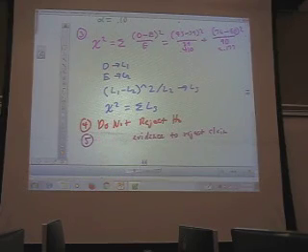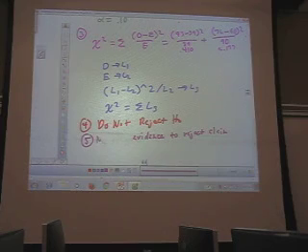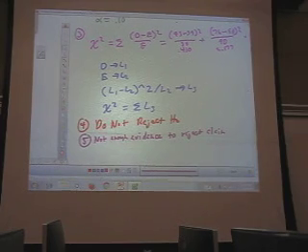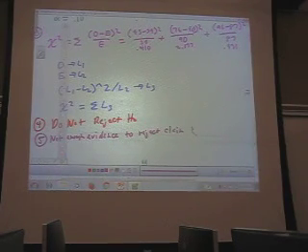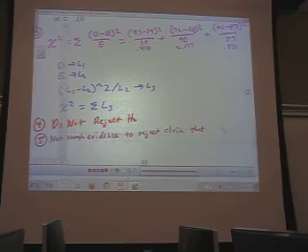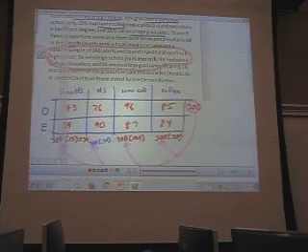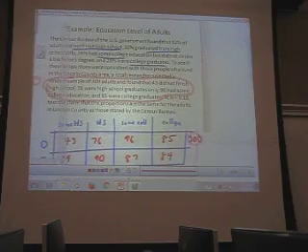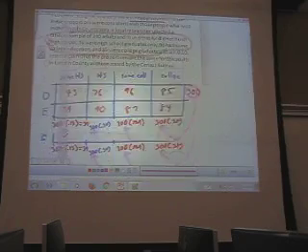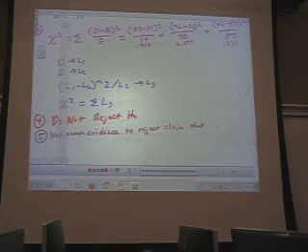Sorry, my bad. Not enough evidence to reject the claim that percentages are as expected. And that's close enough. I'm okay with that.